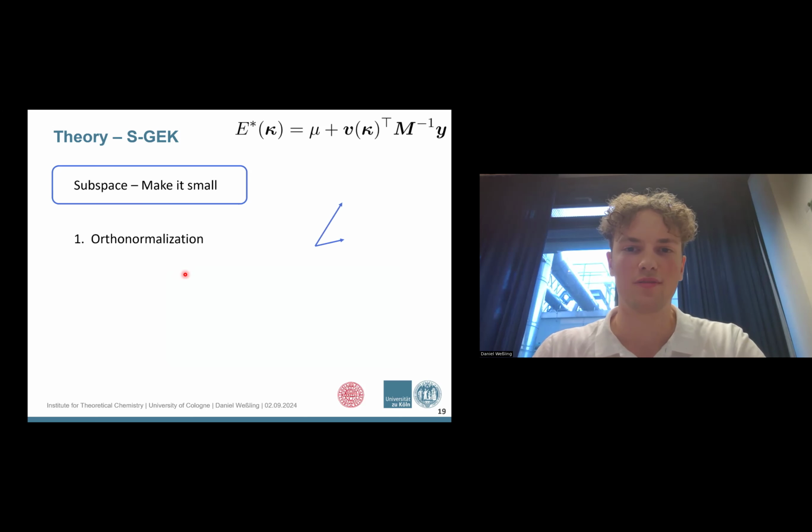Okay, what do we do with these basis functions, or first these input vectors? We first orthonormalize them like this.